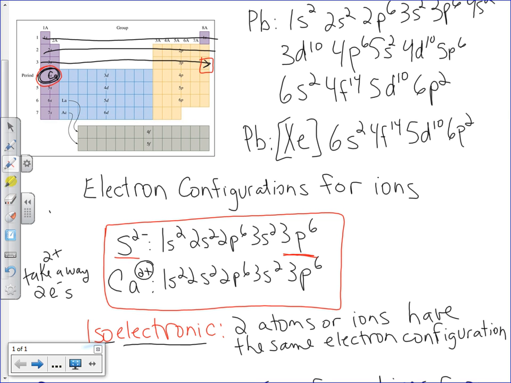I could write the shorthand configuration for S2 minus as argon in brackets. That means S2 minus has all of the electrons that argon has, no more, no less. Ca2 plus, same thing. I could just put argon in brackets for the shorthand configuration for calcium 2 plus. And that's it. End of story.